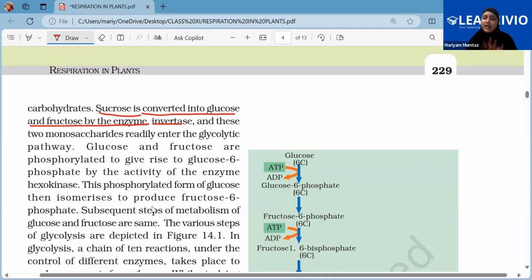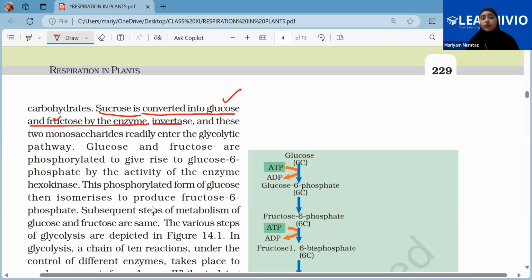The plant is doing the same thing. It takes the stored glucose, which is derived from sucrose, because sucrose or starch is how it is stored in the plant's body, and it is converted into glucose and fructose. Any reaction happens with the help of an enzyme, and the enzyme causing this conversion is invertase.